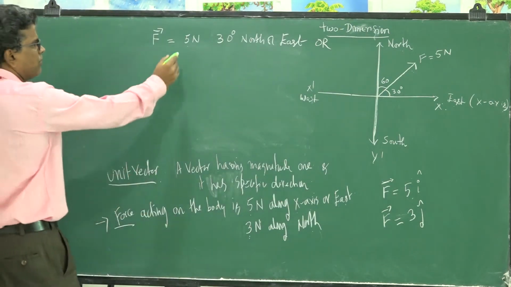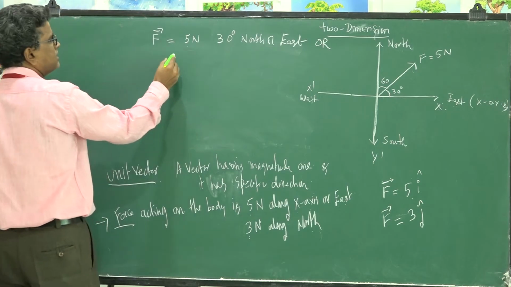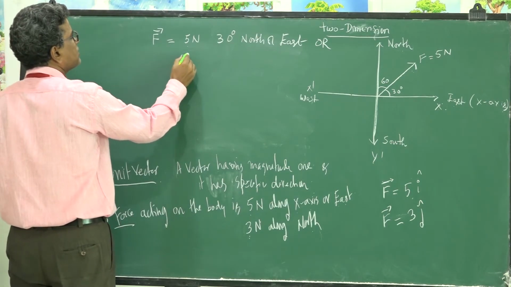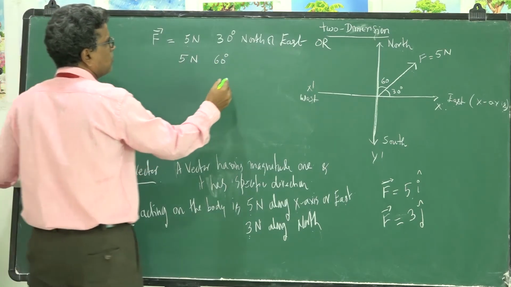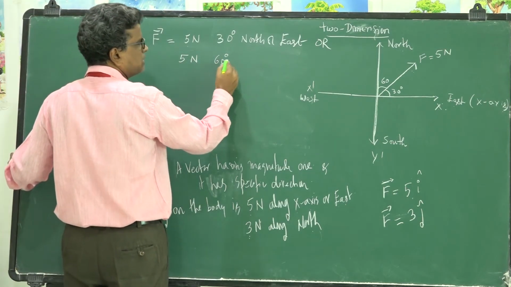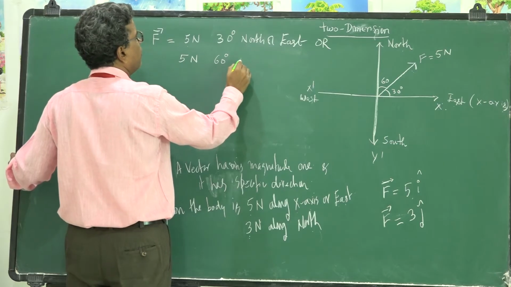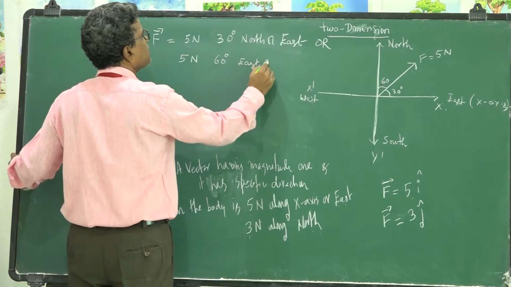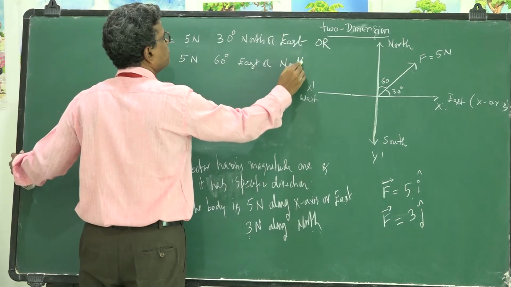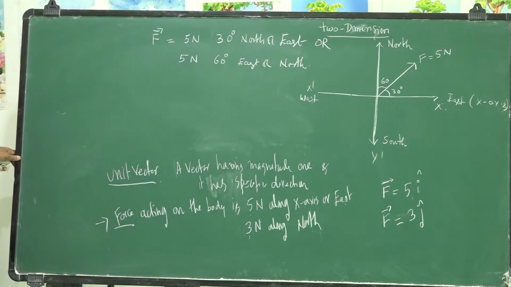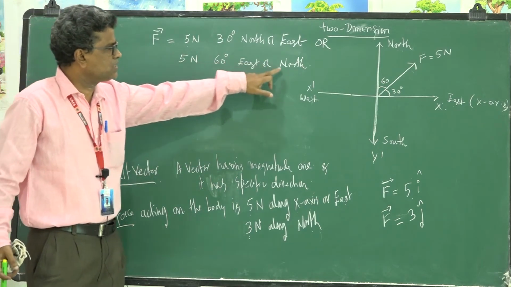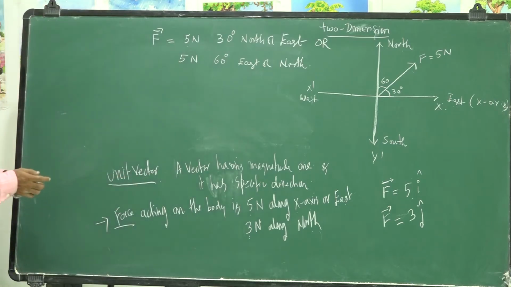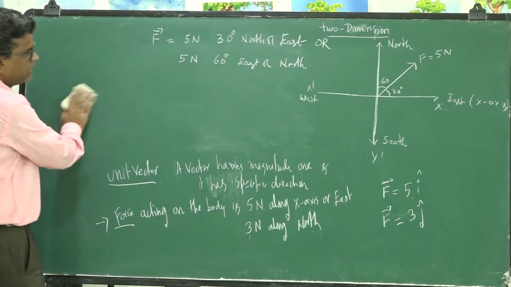So how do you represent the same one? 5 newtons, 60 degrees east of north. Thus we can represent it.